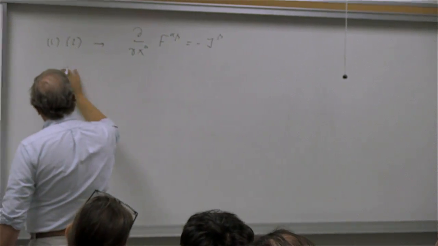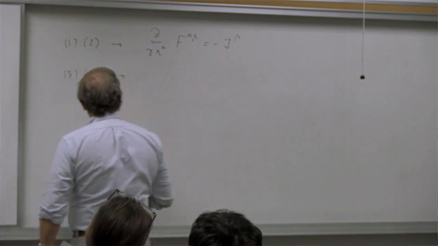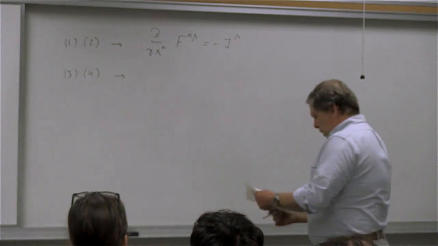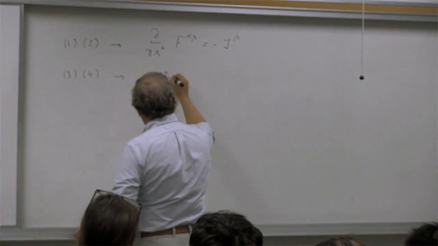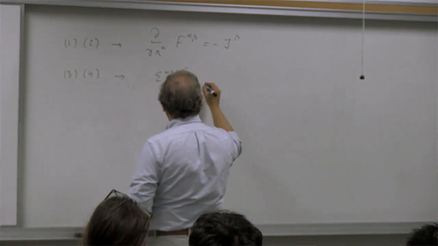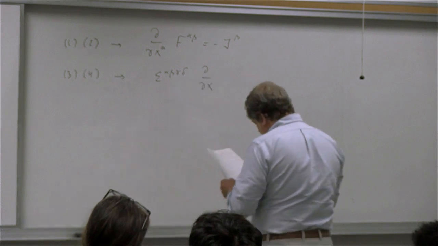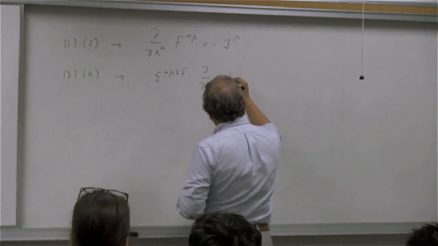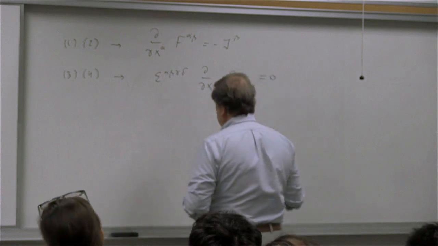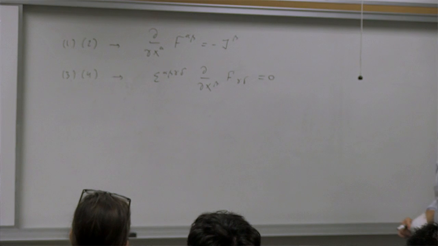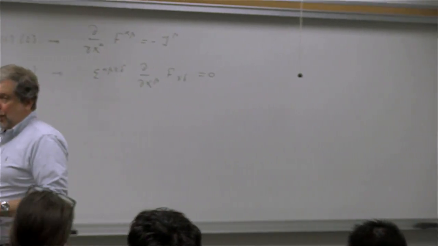And 3 and 4 should give something that is equally simple. And in fact it is, because they give epsilon^{alpha beta gamma delta} d by dx^beta F_{gamma delta} is equal to 0. Again, I'll leave that as an exercise for you to be convinced that this is indeed the case.